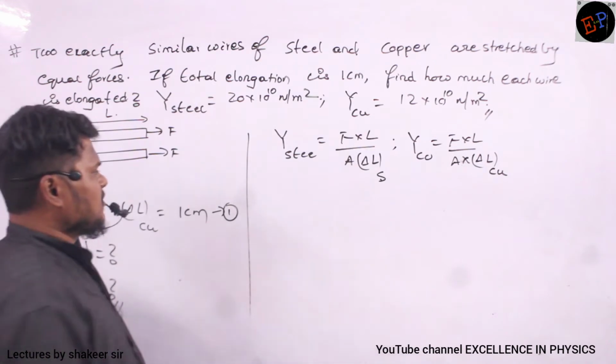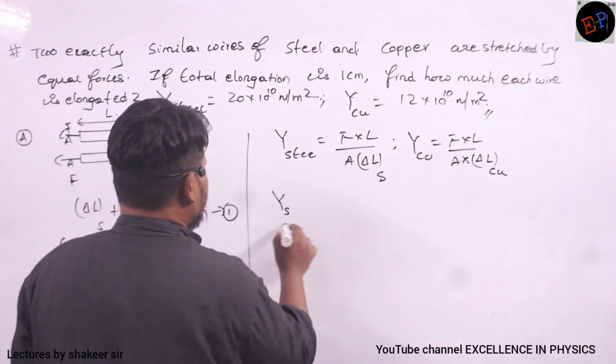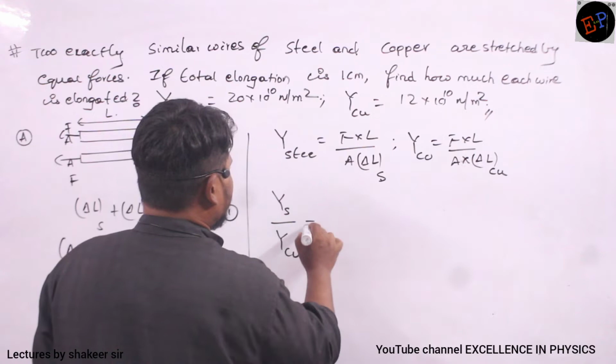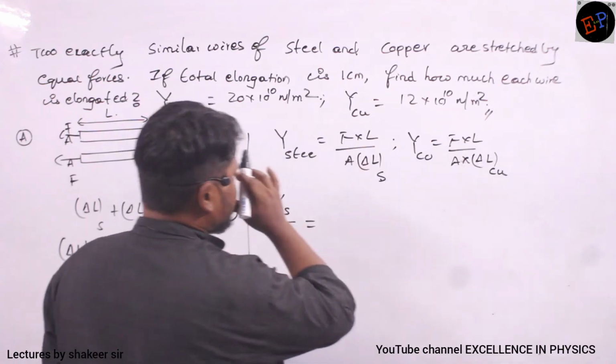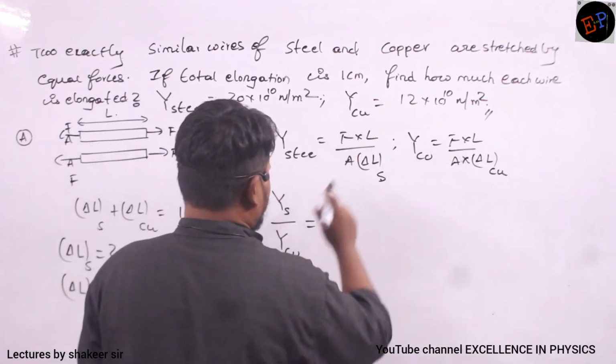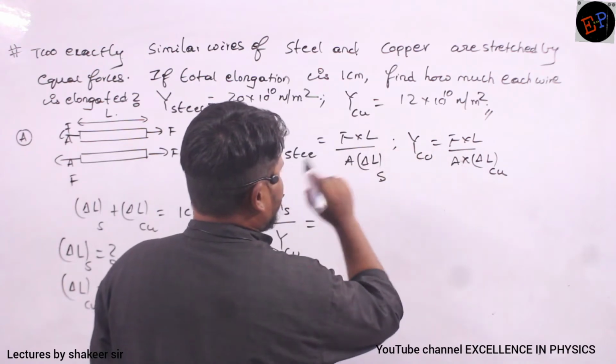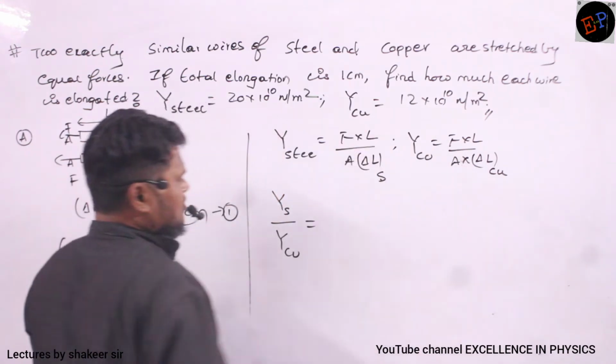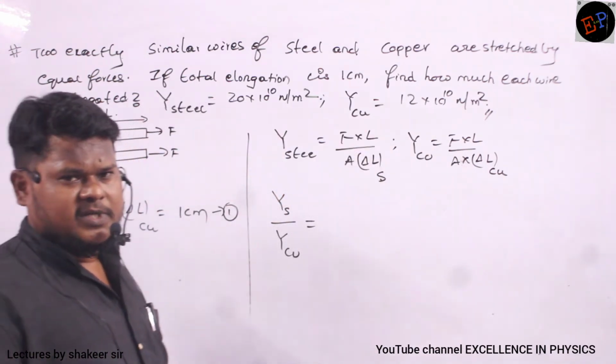Just divide them. So Y modulus of steel divided by Y modulus of copper is equal to, what are the terms which get cancelled now? First of all, F gets cancelled, L gets cancelled, area of cross section also gets cancelled because all of them are equal.